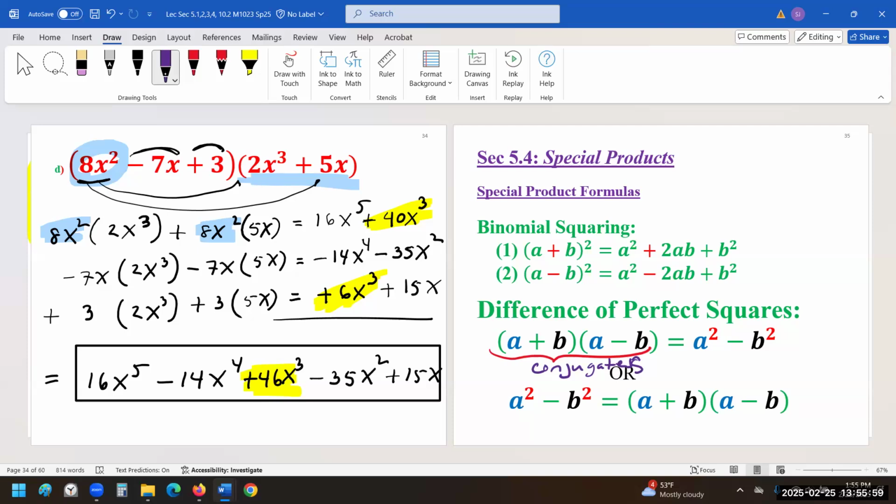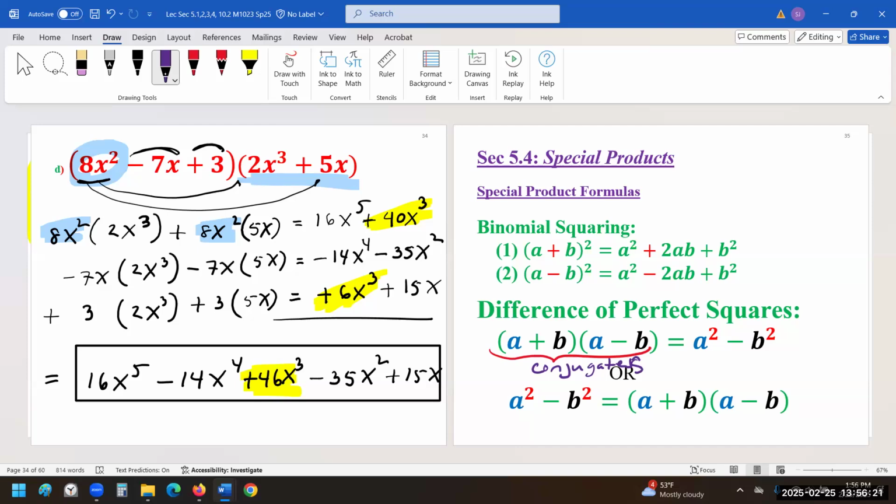Conjugate means exact same two terms, only the middle signs are different. When you multiply two conjugates, you don't have to multiply this, that. The result is the first term squared minus the second term squared. That's it. It saves a lot of time.